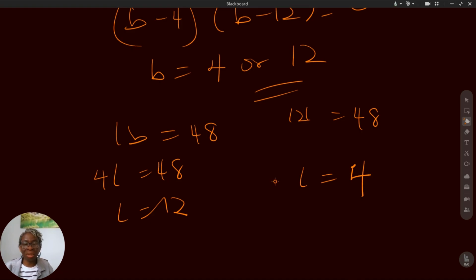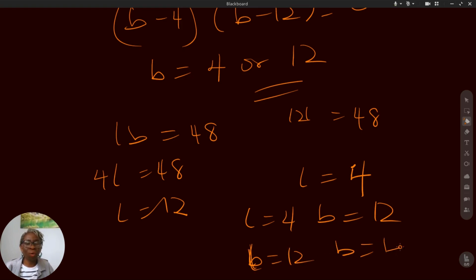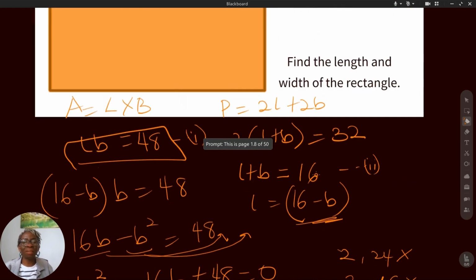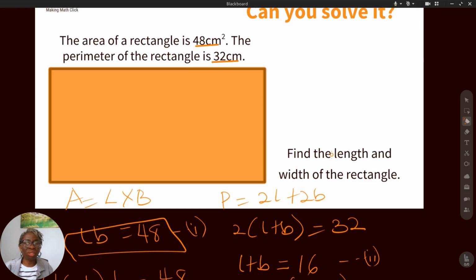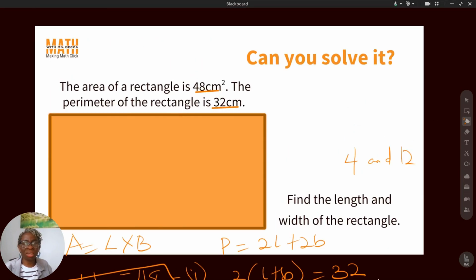So that means when L is 4, b is 12, and when L is 12, b is 4. Either way. So the length and the width of the rectangle can be like this. The length and the width will be 4 and 12. And that is how to solve this question.